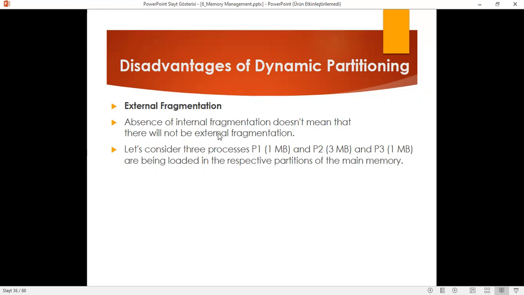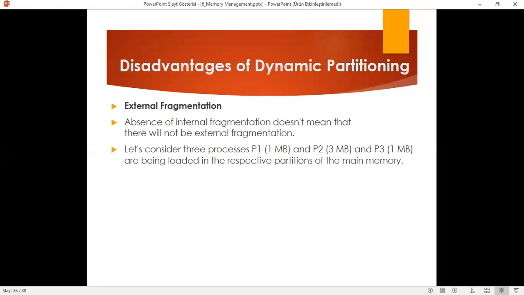So why? Because while we put some process to the memory, and when their tasks are finished, the partitions remain there, as for example 1 megabyte of free space or 2 megabytes of free space.